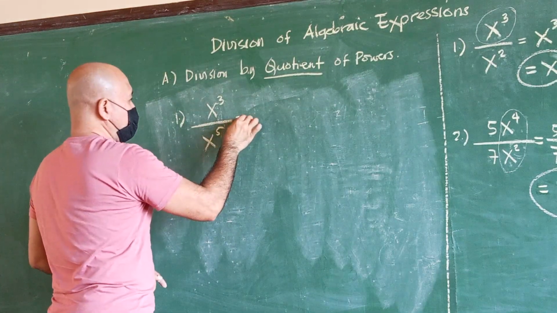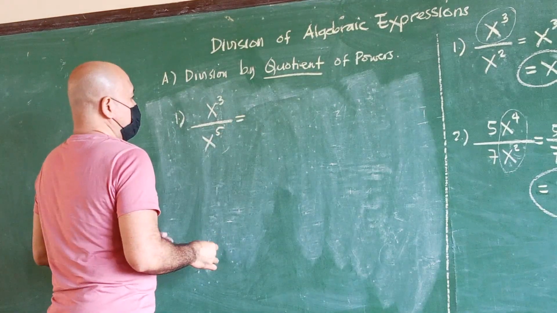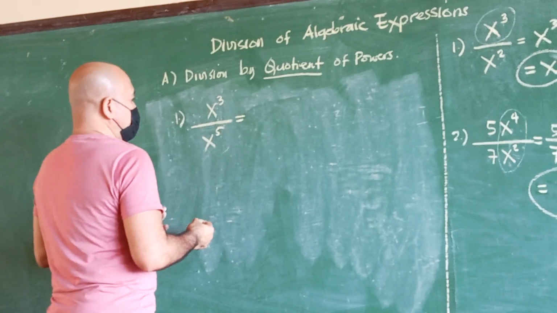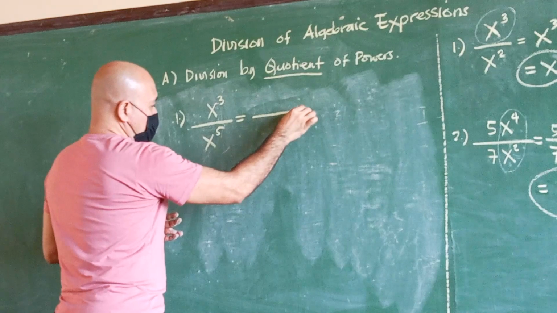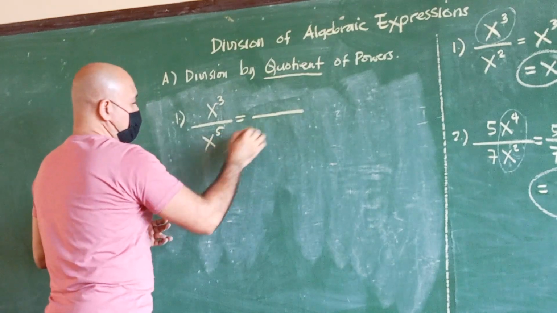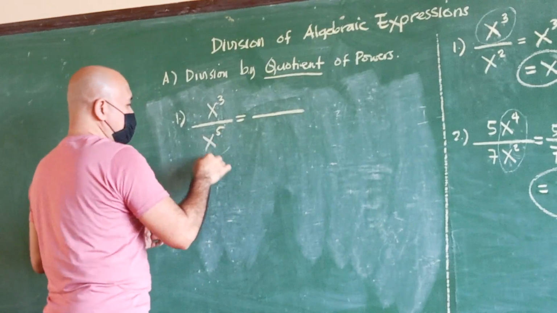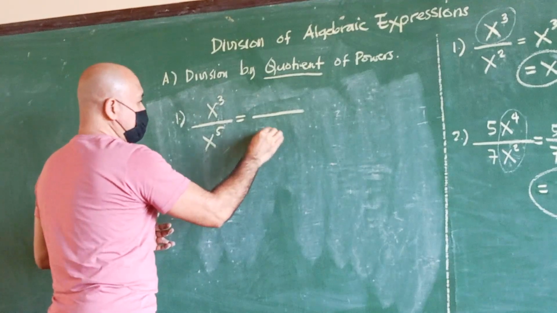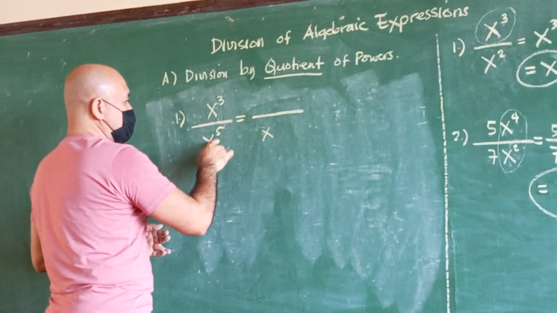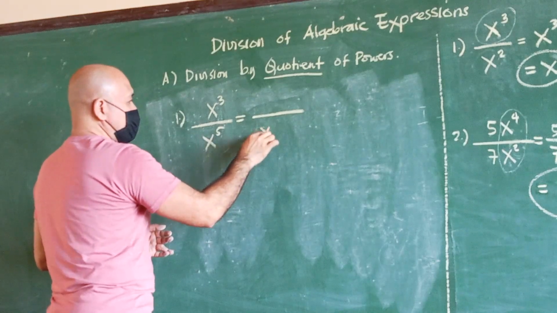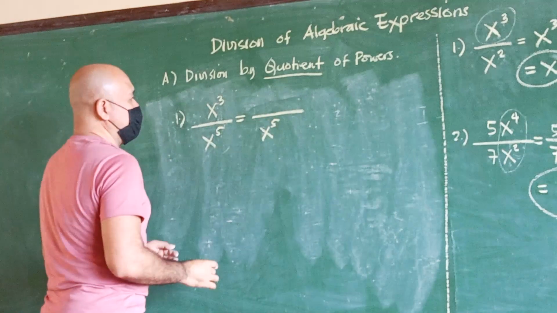So what will happen here, in this case, the one with the bigger exponent, just copy this one. Since the denominator has the bigger exponent, you just copy the variable and the exponent in the denominator, so x raised to the power of 5.